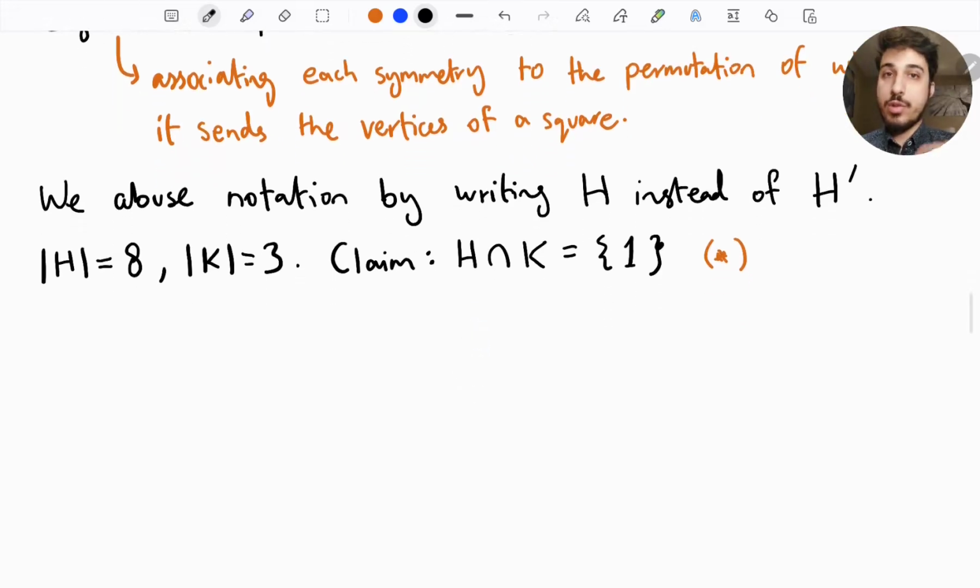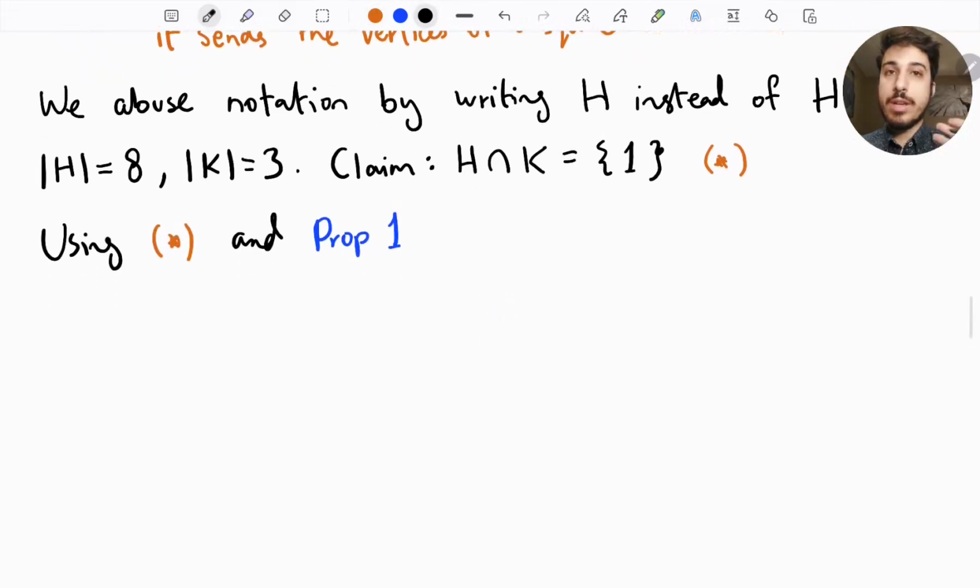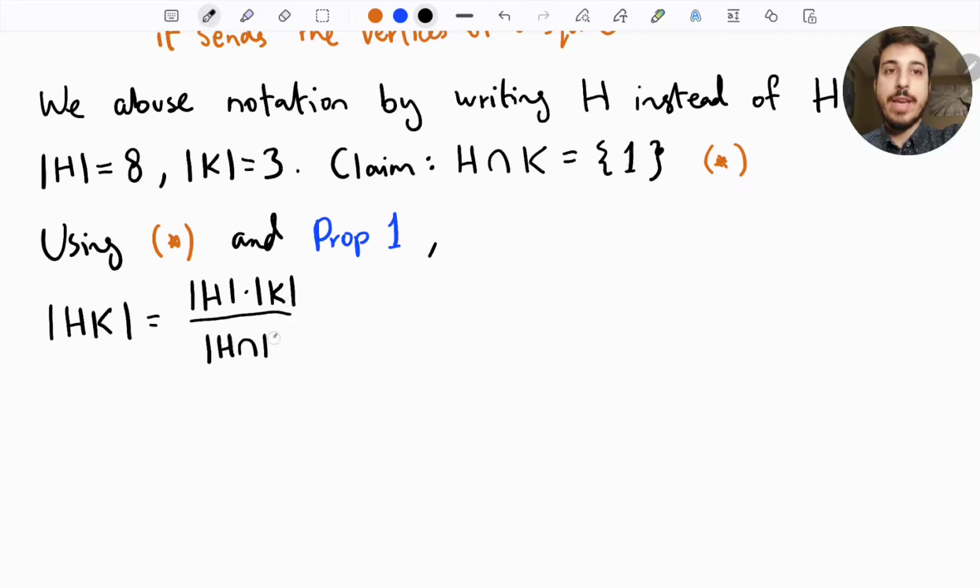And if this claim is true, then the order of H intersecting K is equal to 1. And using proposition 1 and this claim here, we can calculate the order of the composite set HK to be equal to the order of H times the order of K divided by the order of H intersecting K, and that is equal to 8 times 3 divided by 1, which is 24.